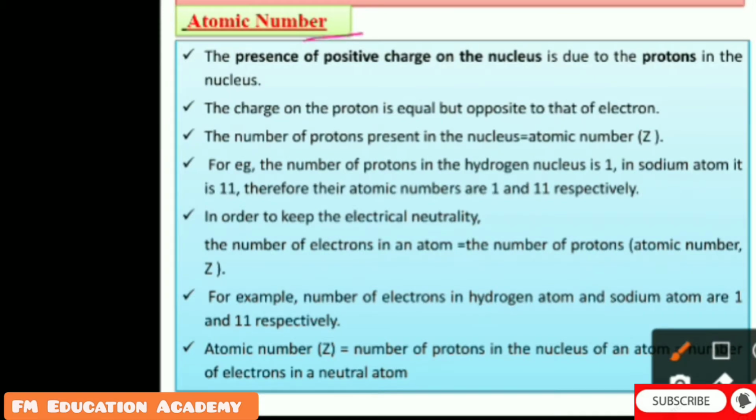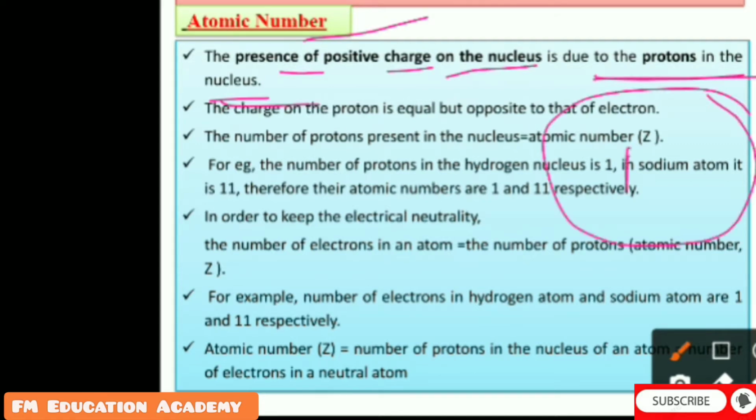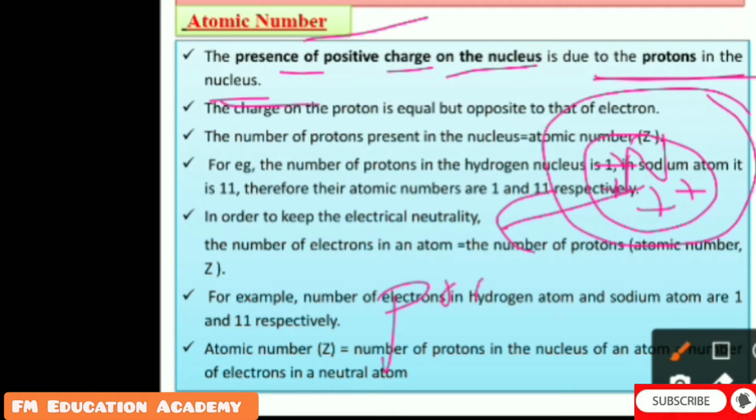Before going to what is atomic number, let us revise due to what the proton acquires positive charge. Due to the presence of positive charge in the nucleus, the protons acquire positive charge. As in the nucleus we have positive charges, because of that, protons are positive.